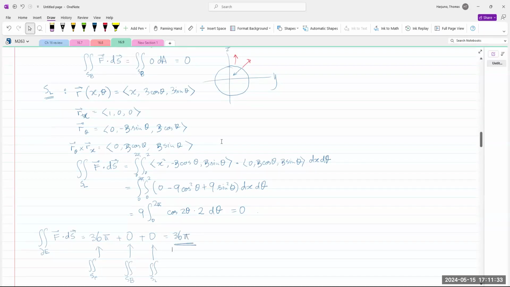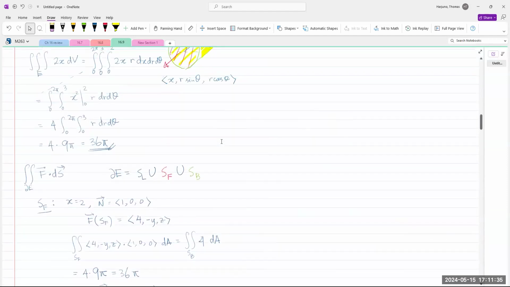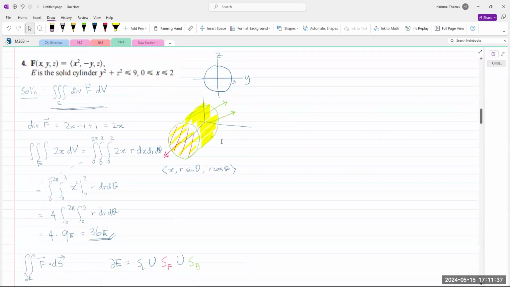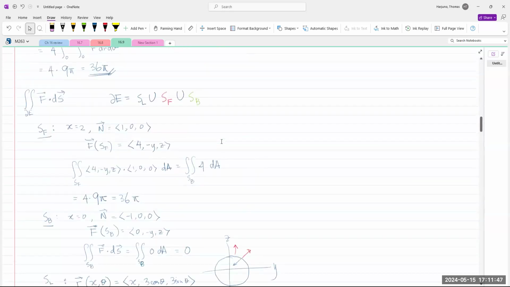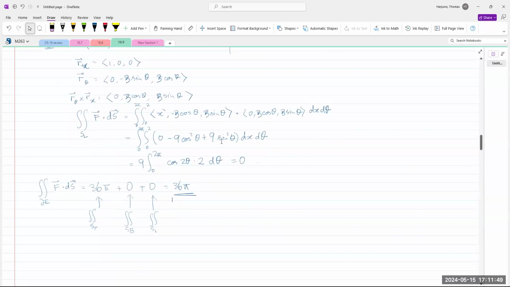So we do confirm again that if you use the divergence of the triple integral, that gives you the double integral over the whole closure of the solid, the surface that encloses that solid.